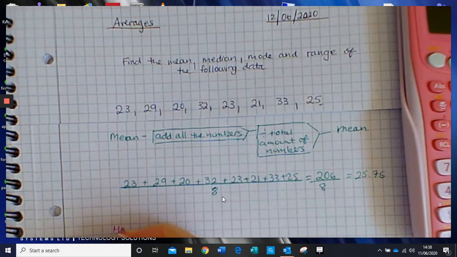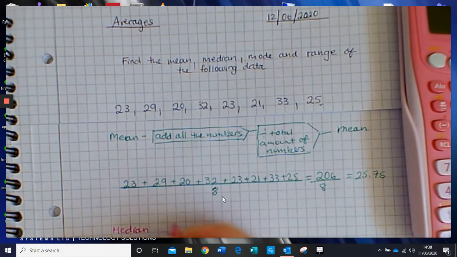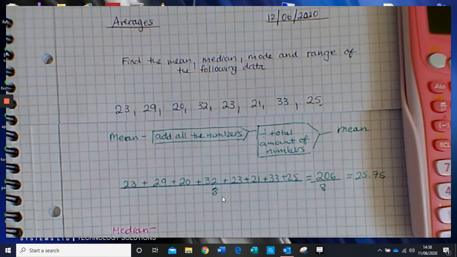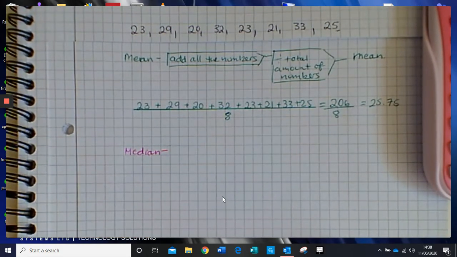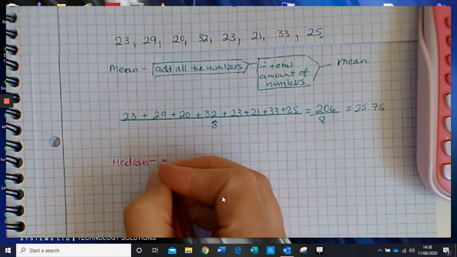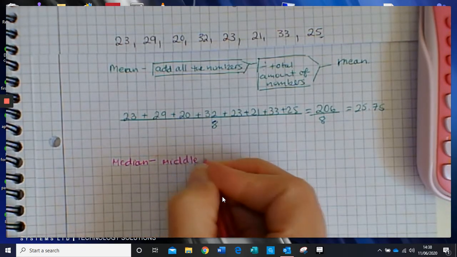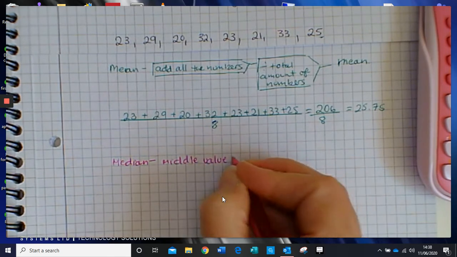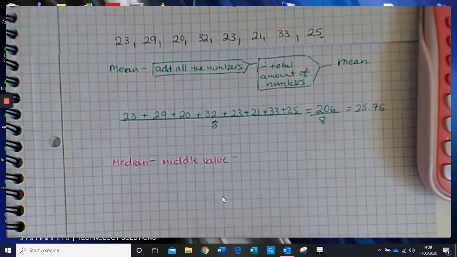So we've got the median. Just to remind you, the median is the middle value. Okay, so that's the middle value. And there are two things we do to find the middle value.